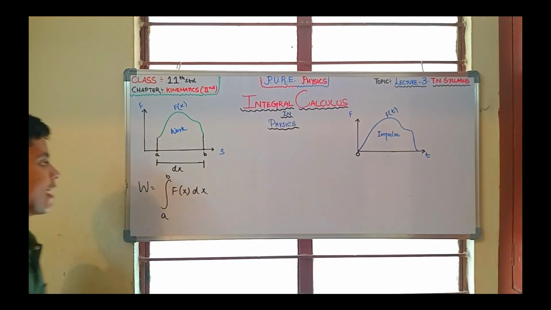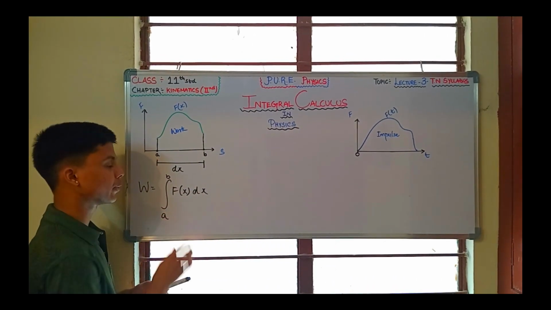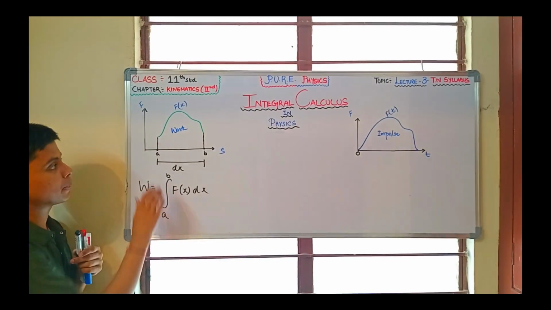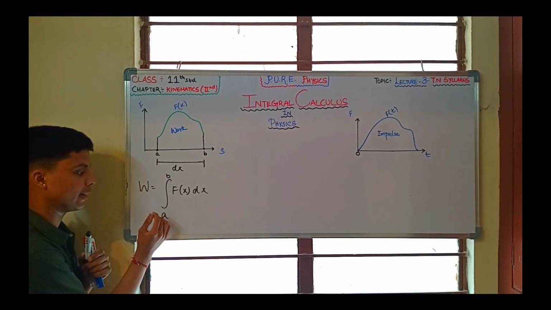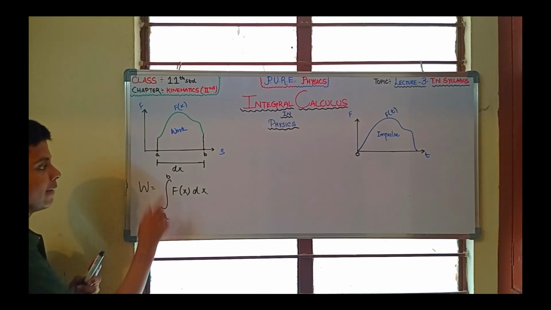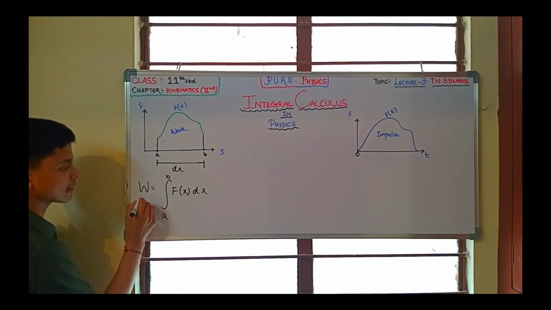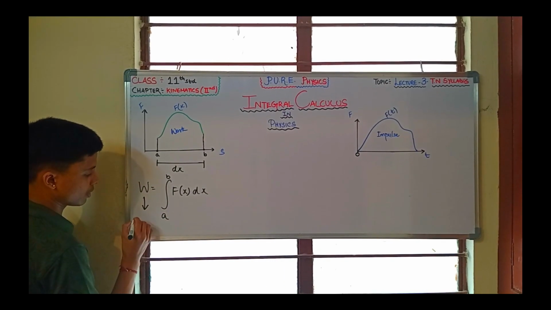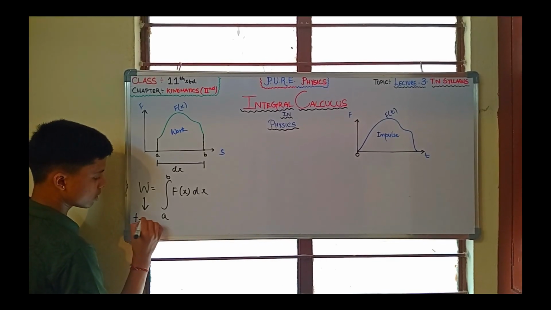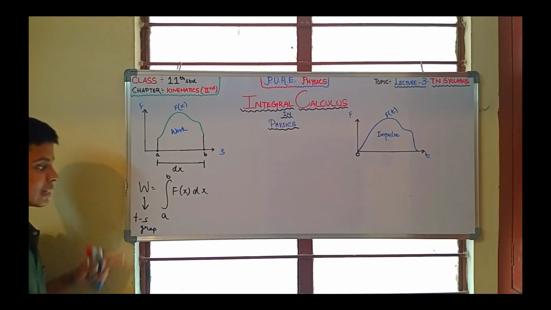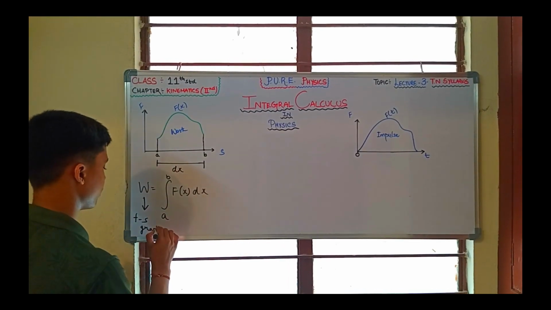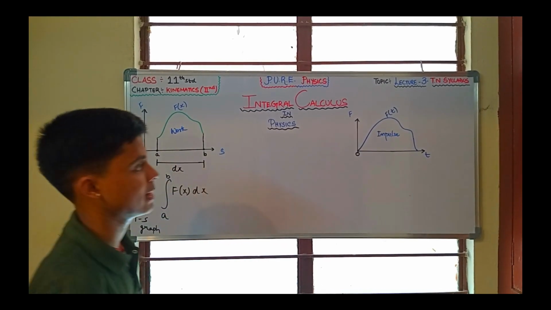So therefore, f of x into dx is equal to W. So in order to find the work done between point A and point B, we apply the integral with lower limit A and upper limit B. And always remember, the work done graph should always be a force displacement graph. F is force, S is displacement.